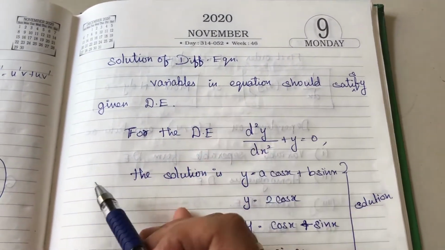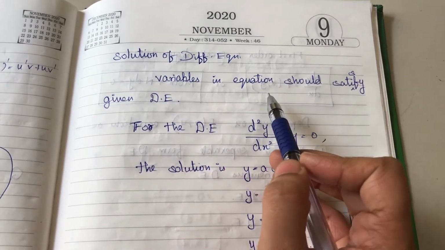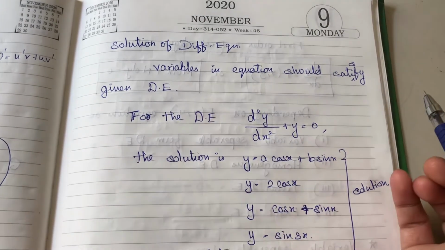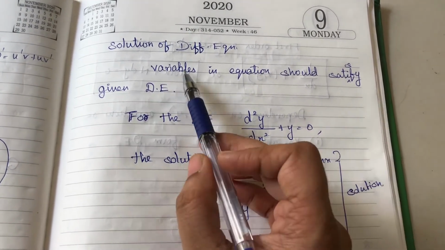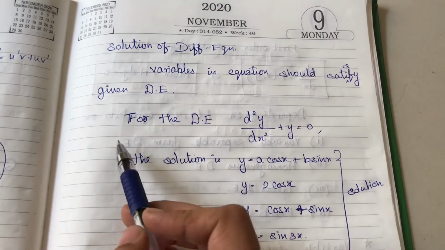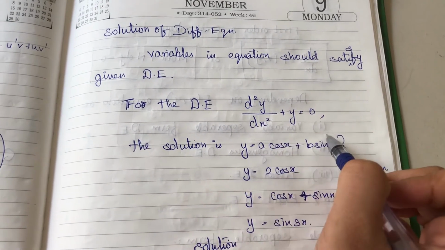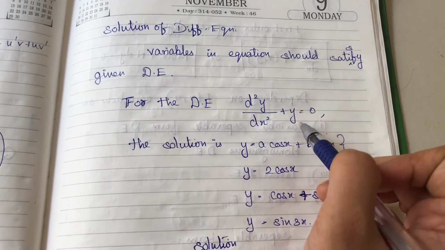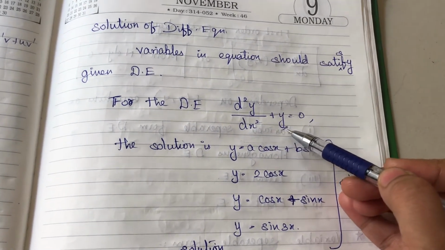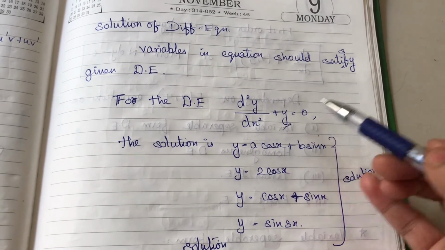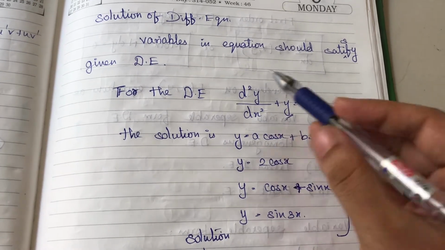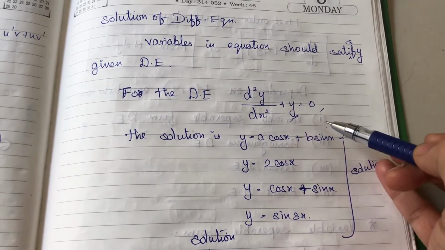Solution of a differential equation: the variables in the equation should satisfy the given differential equation. For the differential equation, they have given this one: d square y by dx square plus y is equal to 0. If I put some functions for y, this condition should be satisfied.